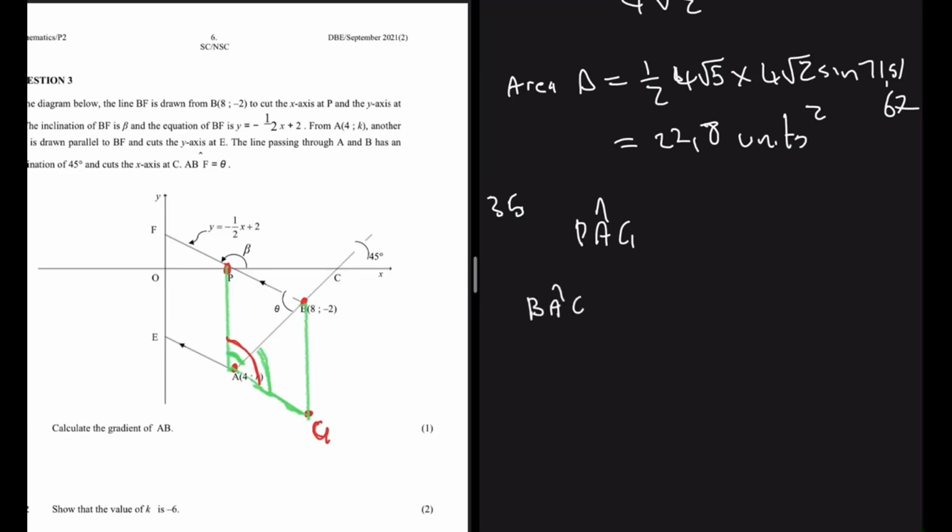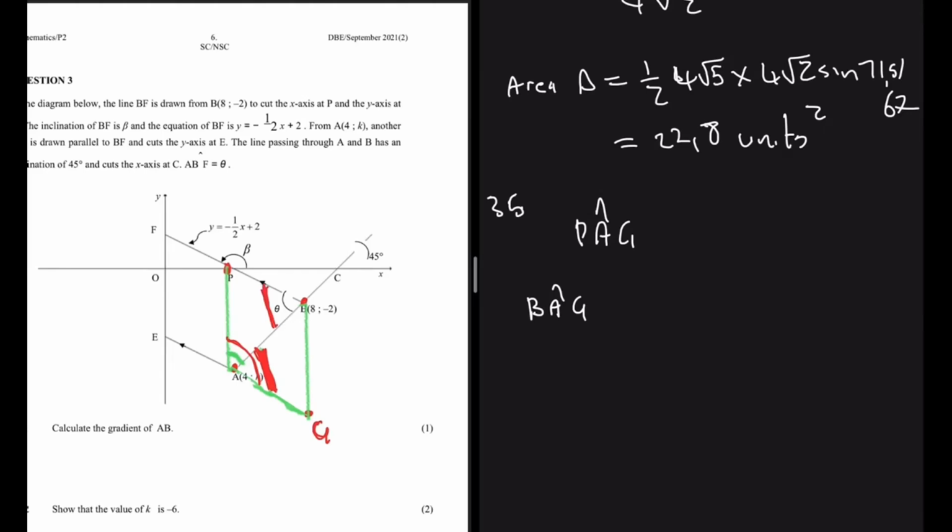So angle BAG. We are looking at BAG, this angle here. That's what we're interested in for now. If you pay close attention, you will realize that BAG is supposed to be equal to angle theta, right? Why are we saying they're supposed to be equal to angle theta?